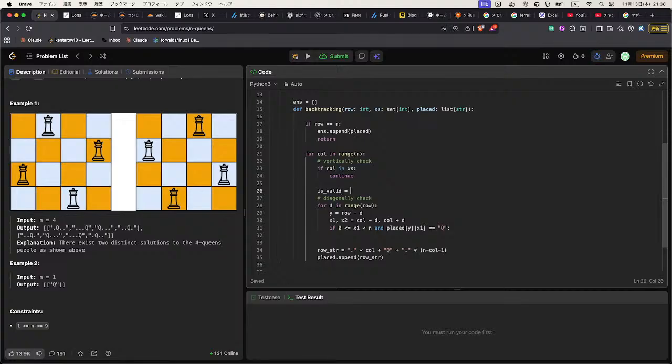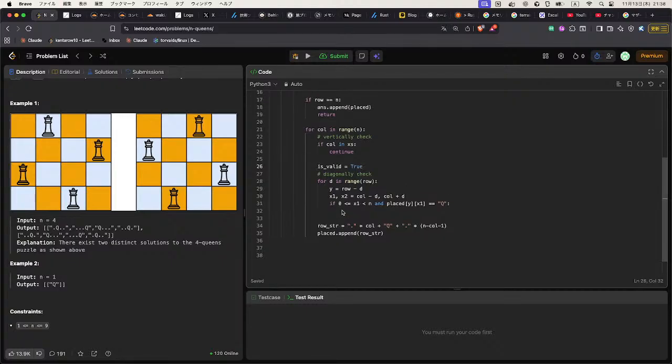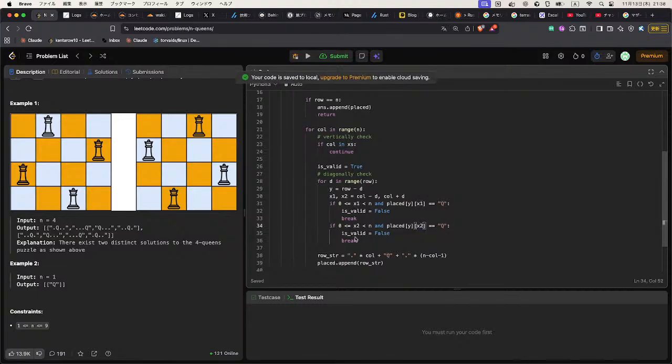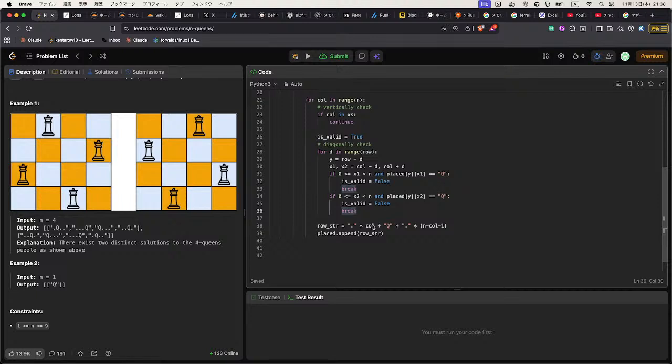We have valid flag, it is true at first, and if the x is valid and that point to the q, it's not good. So we have two options to check.